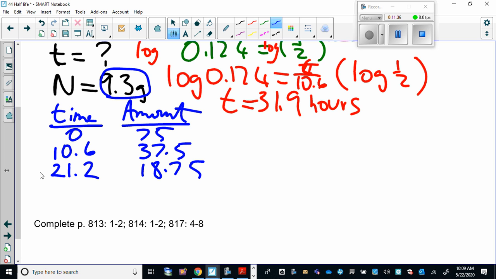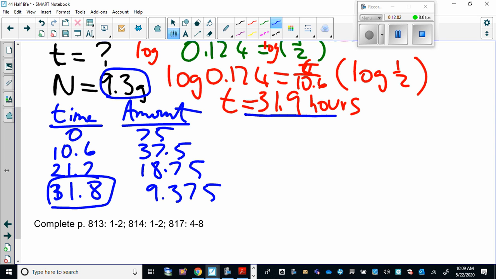After another half-life, which is now going to be 31.8 hours, I'm going to have that divided by 2, which is 9.375. So I can get my answer in a fraction of the time by guessing and checking. Now, do I get an exact answer here? I got 31.8. The actual answer is exactly 31.9. So I didn't get the best answer because it's a little high, as you can see.